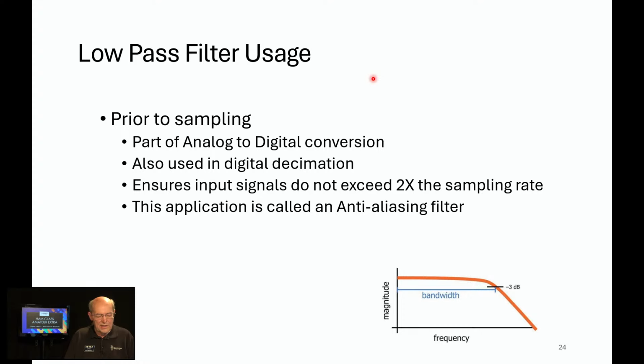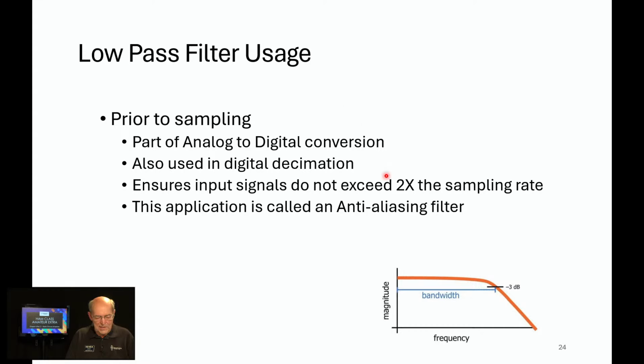Now, before we get into sampling, we want to make sure that our sampling circuit is only seeing signals that allow our sampling rate to be at least double the highest frequency.